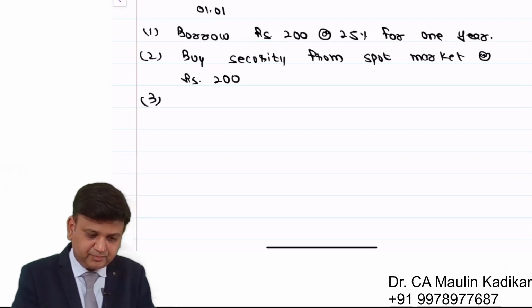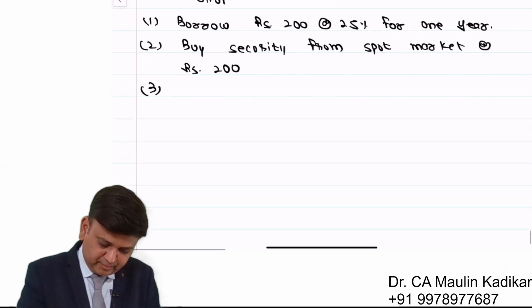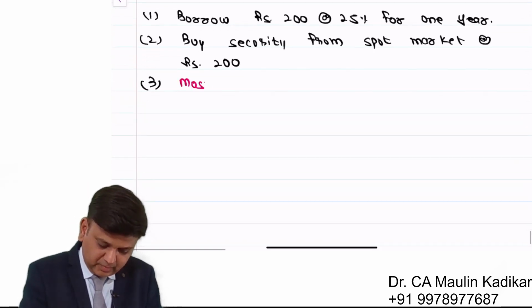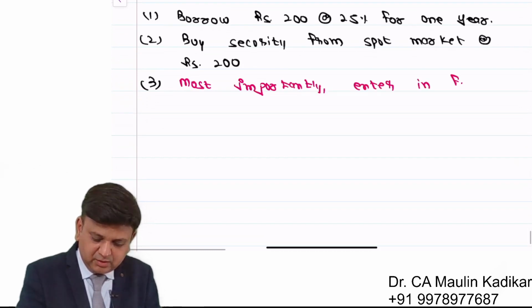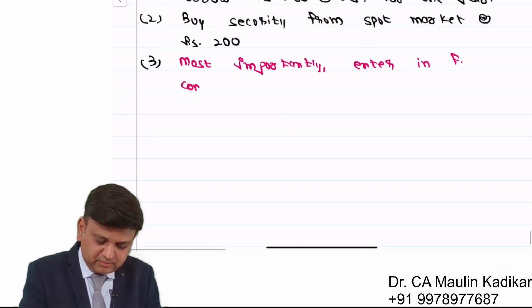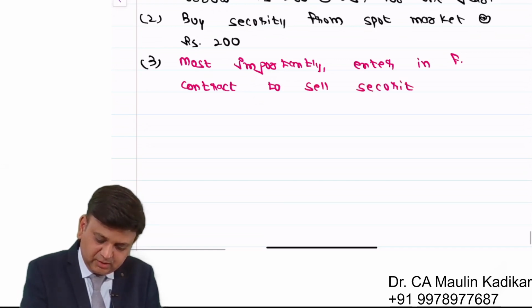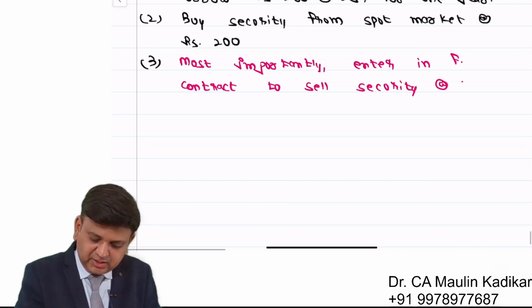Third, most importantly, enter into F contract to sell security at the rate of 260.